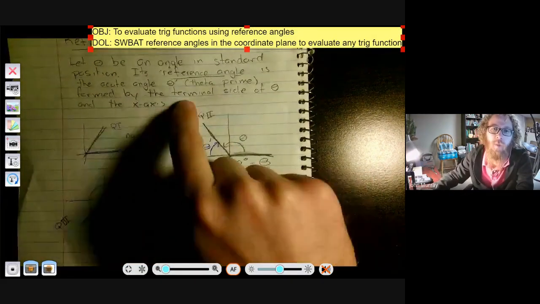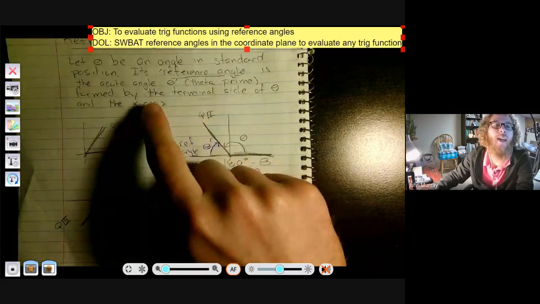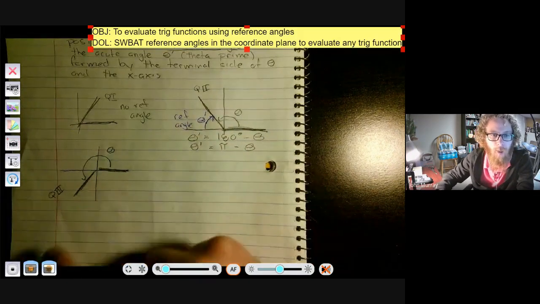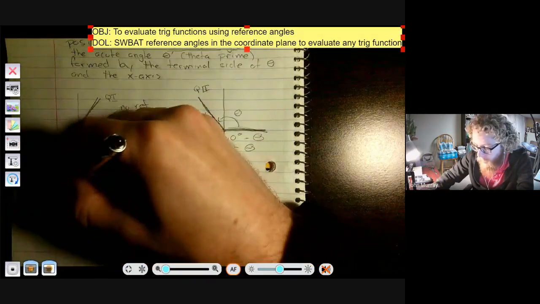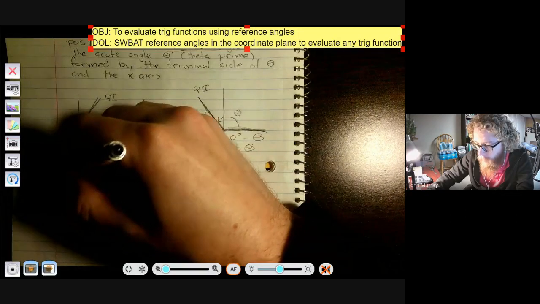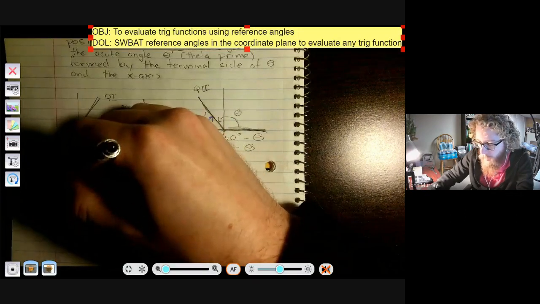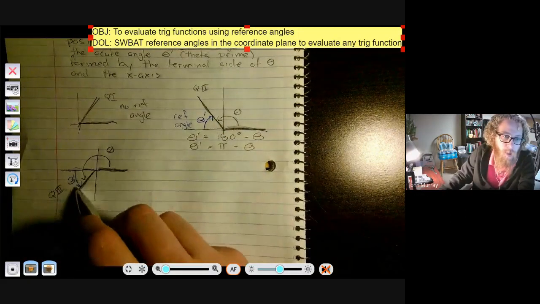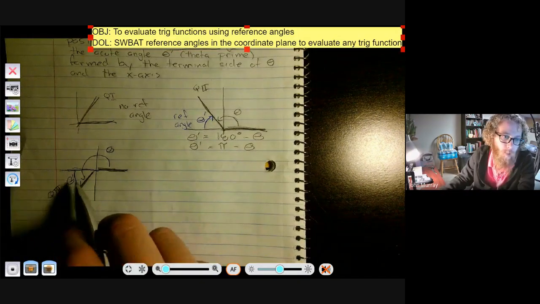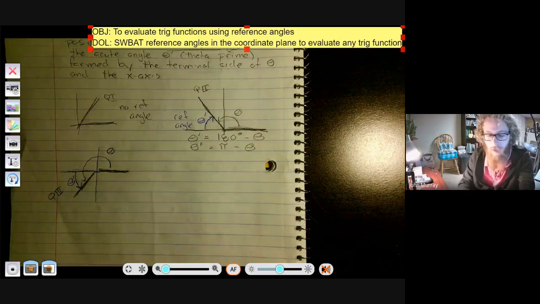My reference angle is always made by the terminal side and the x-axis. So I'm not drawing my reference angle down here. My reference angle is just going to be from this line to our terminal side. All right, so here our reference angle is there.